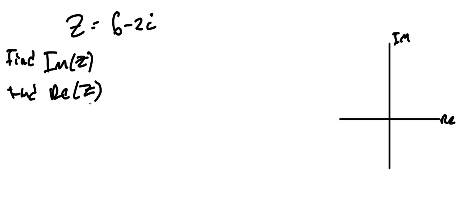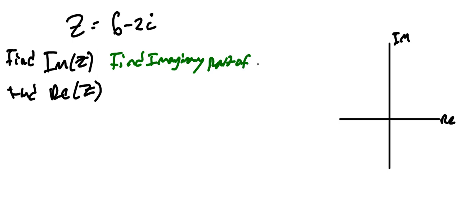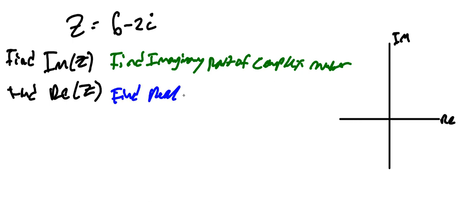What Im and Re mean is that they want you to find the imaginary part of the complex number, and this one wants you to find the real part of the complex number.